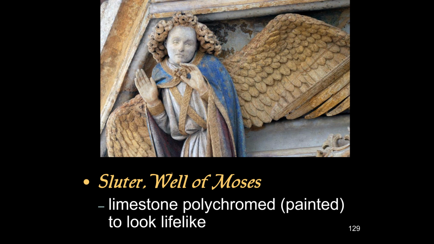The material is limestone. And it's painted limestone, or as we say, polychromed, many colors. And this helps it look even more lifelike. Sluter has this incredibly naturalistic style. He really represents that new naturalism that comes into art in the 15th century.